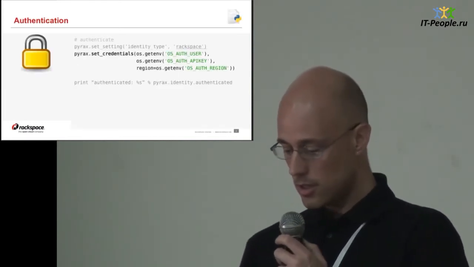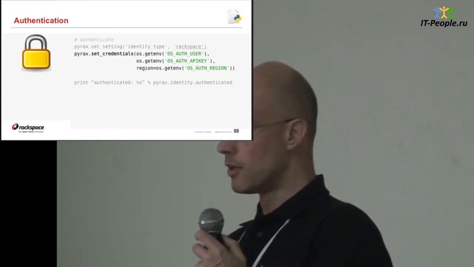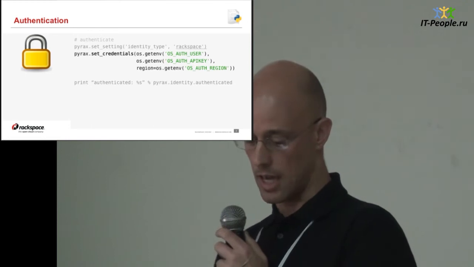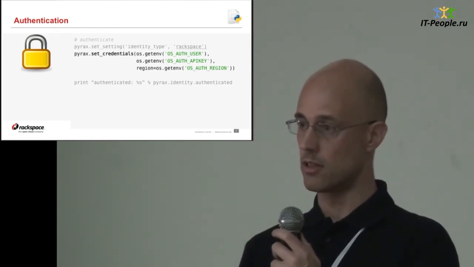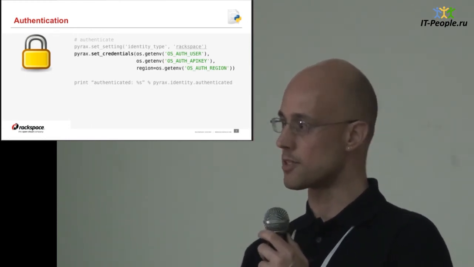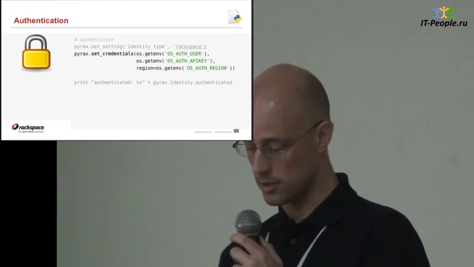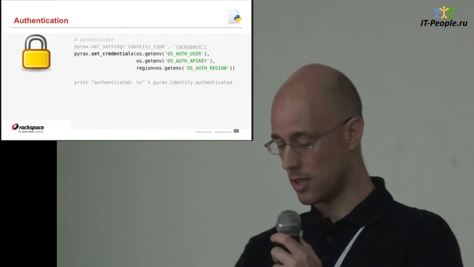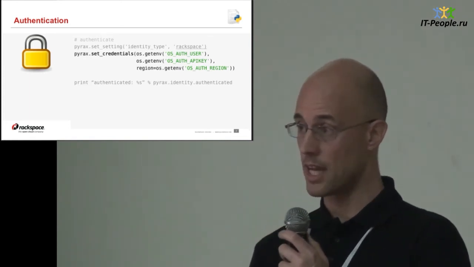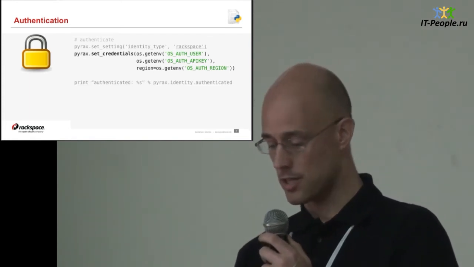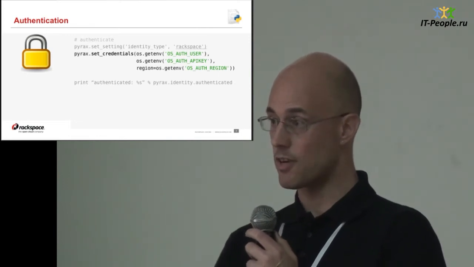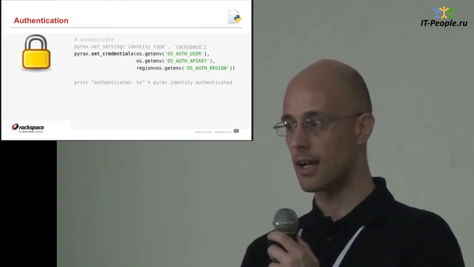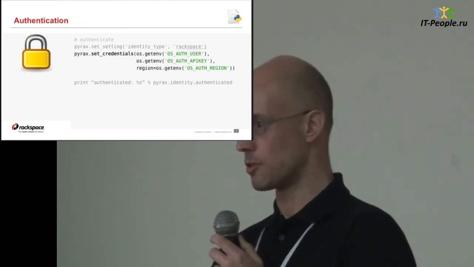So, you can clone the repository that I set up for this event and just authenticate against an OpenStack auth component, just exporting three variables: OS auth user, API key, which is much like a password, and you need to specify a region should you need to manage cloud infrastructures across multiple regions.